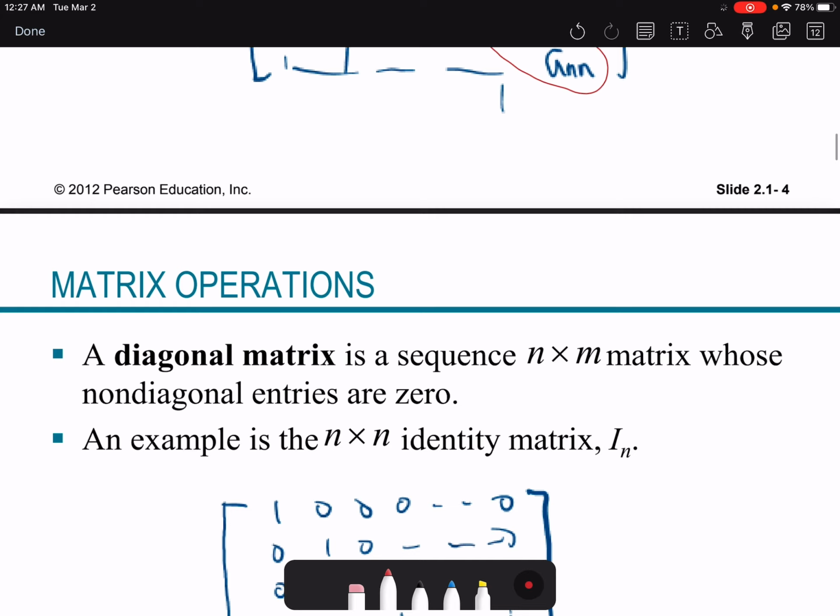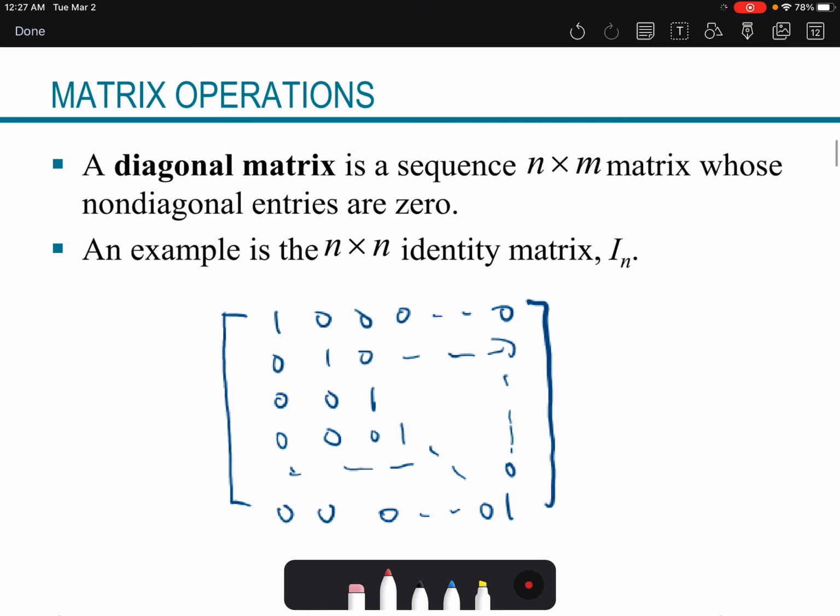A diagonal matrix is an n by n matrix whose non-diagonal values are zeros. On the diagonal line you have numbers; in fact, the identity matrix has all ones on the diagonal and all the rest of the values are zeros.